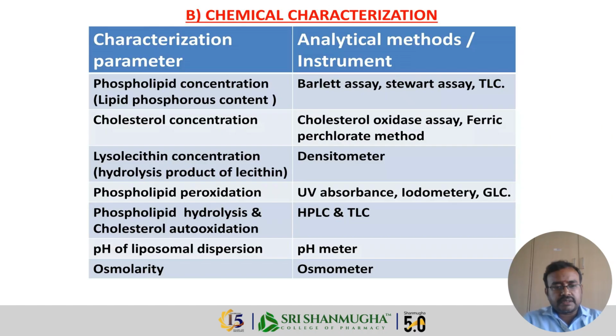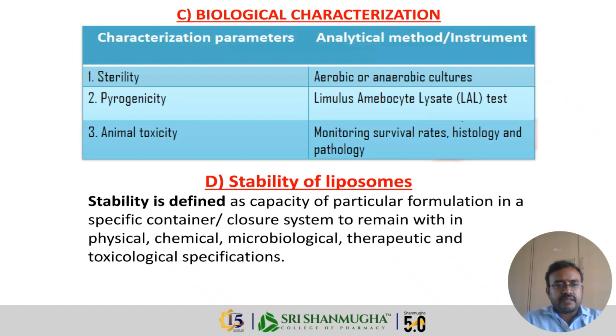The pH of the liposomal dispersion we can check with a digital pH meter, and osmolarity by an osmometer. For biological characterization, we can check sterility by aerobic or anaerobic culture, and pyrogenicity by the LAL test, the limulus amebocyte lysate test. Then for animal toxicity, we check whether it produces any toxicity in the animals, monitoring the survival rates and the histology and pathology of the animals.